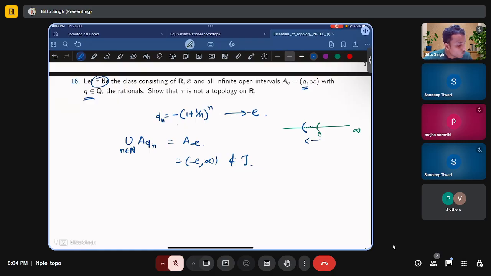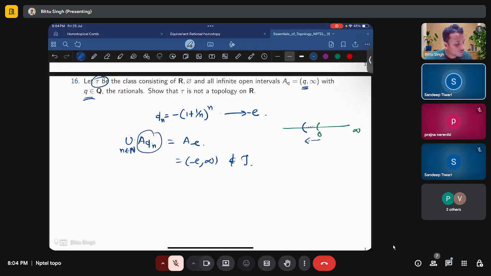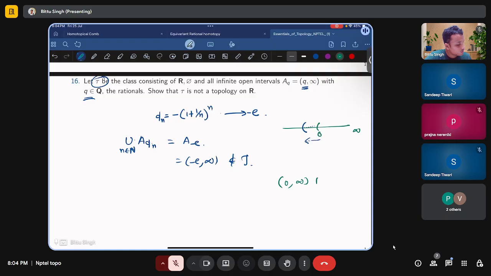Also, if we take the intersection of (0, infinity) and (1, infinity), the intersection will be (1, infinity).